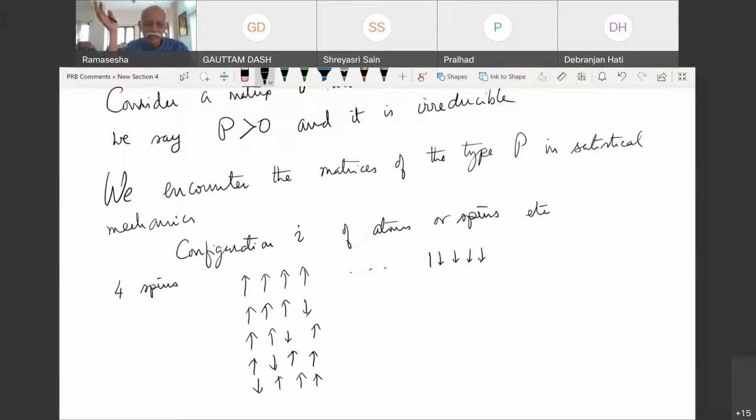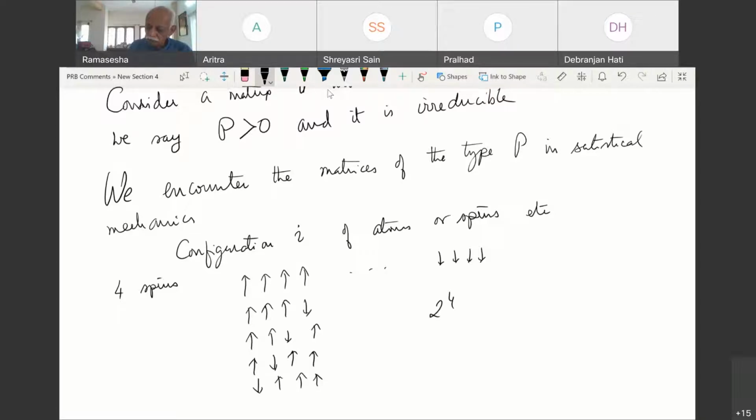The 4C2. That is wrong. Each spin can be up or down. There are 4 such spins. So how many possibilities are there? 2 to the power 4. Correct. So 16 configurations are possible.